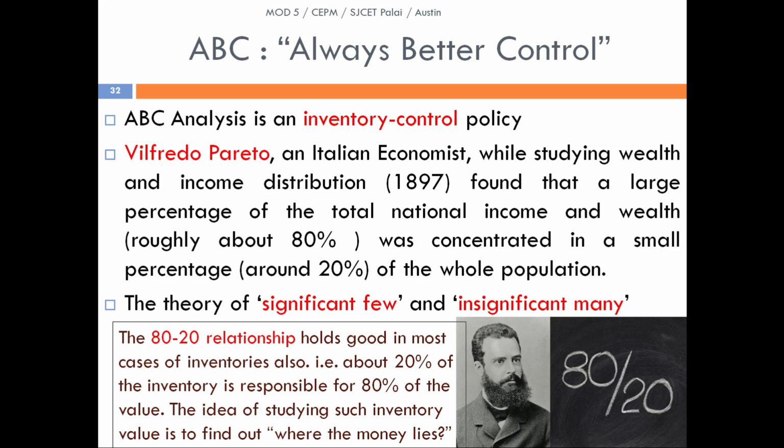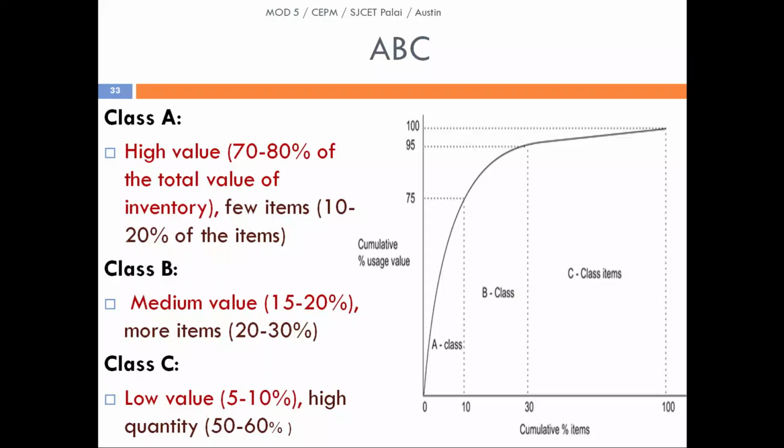So based upon this 80-20 relationship, it has been seen that about 20% of the inventory is responsible for around 80% of the total value. Based upon that, the Always Better Control ABC system was put forward, and he classified this into three: class A, class B, and class C.